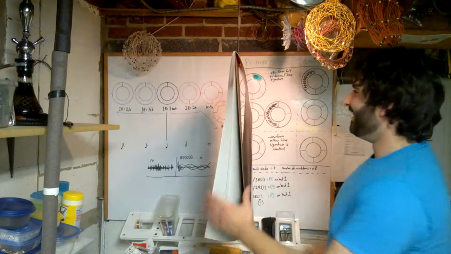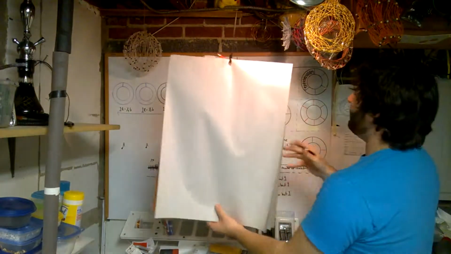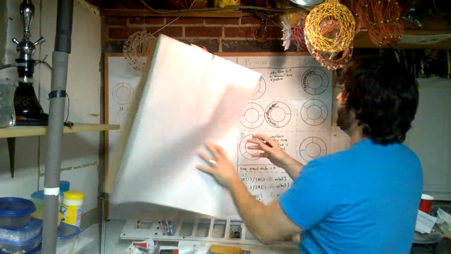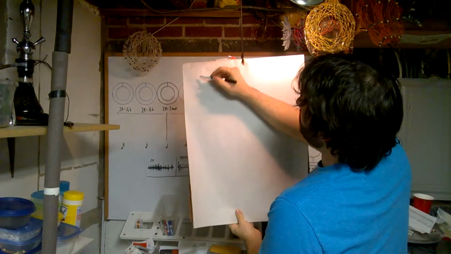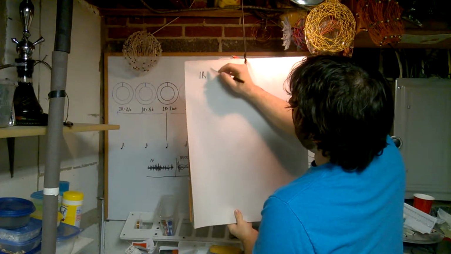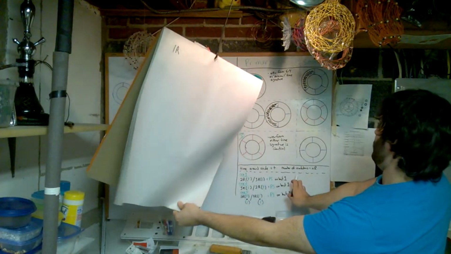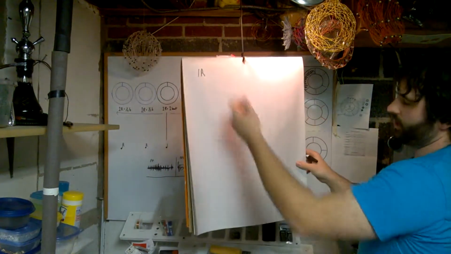So we have here a circle divided into 4. So that means 1R. R is the number of revolutions around the circle. So it's NR, so just 1.